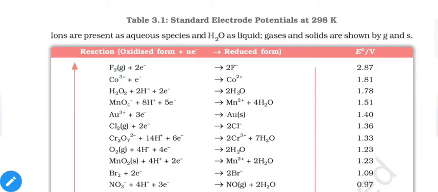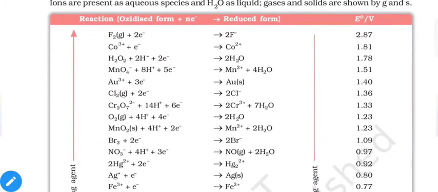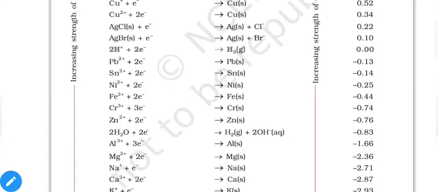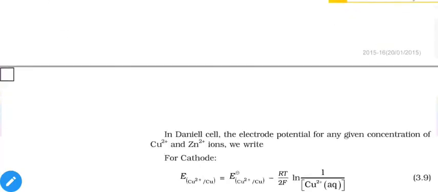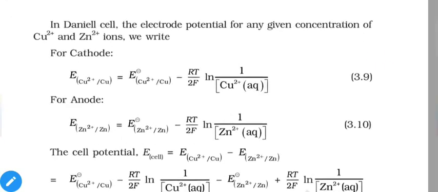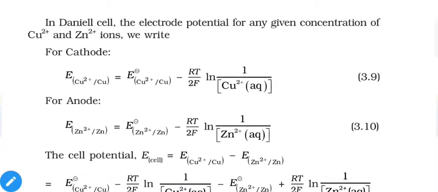Here table 3.1 is mentioned, which has different values of reduction potentials, which we already discussed. Now the Daniell cell, that means the cell discussed earlier, the copper and zinc cell, can be represented using the Nernst equation separately. That means for cathodic reaction and for anodic reaction we can represent it like this. Our cathodic reaction will be a reduction reaction, that means copper will be reduced.